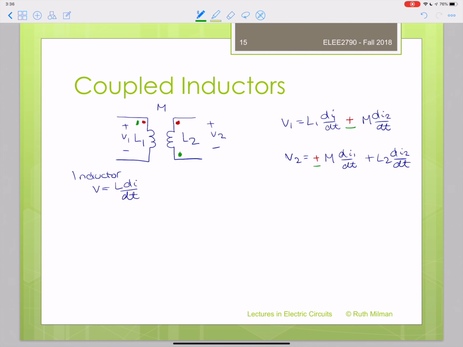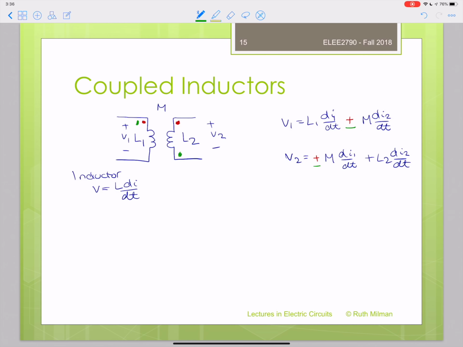And you'll notice that the differential equation for V1 connects the currents I1 and I2, and it's the same thing with V2. The two differential equations are connected. And so with this, you understand that there's a coupling, an actual relationship between these.